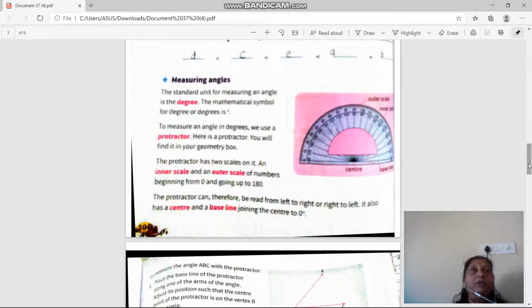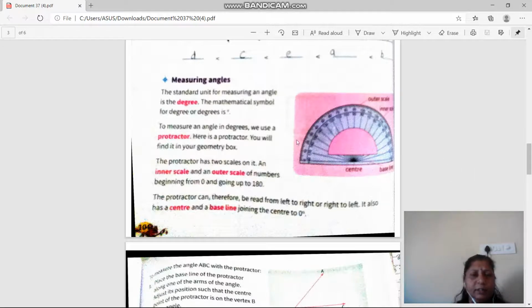We measure weight in kg, we measure volume in liters. Likewise, if we want to measure angles in a standard unit, the standard unit of measuring angle is degree. What is the standard unit of measuring angle? Degree.